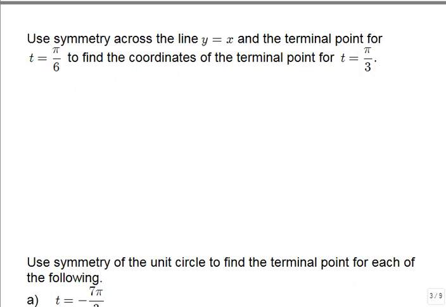Okay, one last common terminal point that you do want to know about as well is the t equal to pi over 3 value. And we're going to get that using symmetry from this t equals to pi over 6 that we just talked about. So let's visualize where pi over 3 would be.